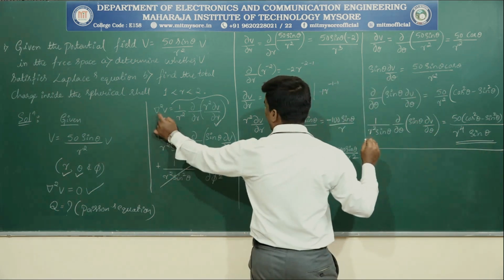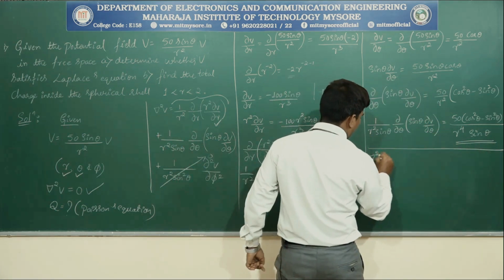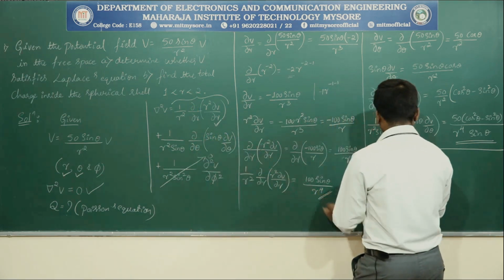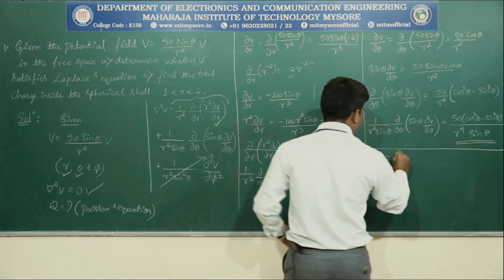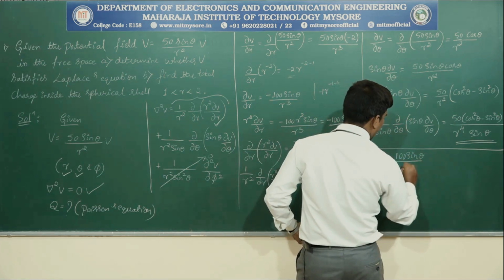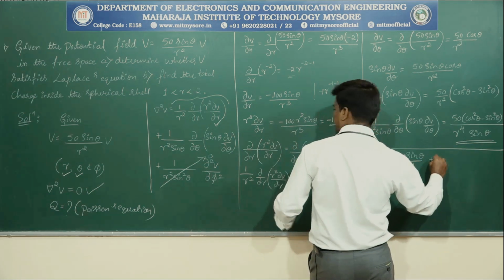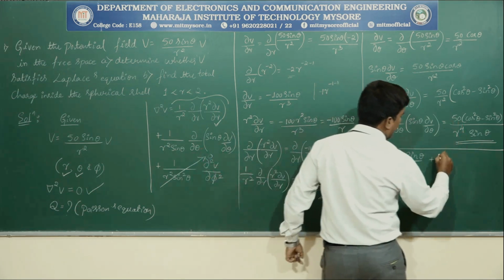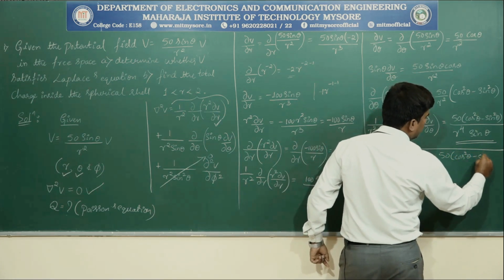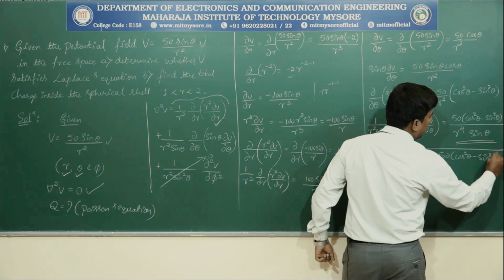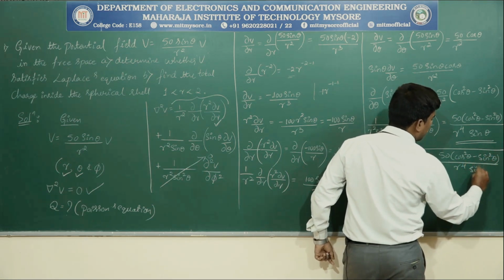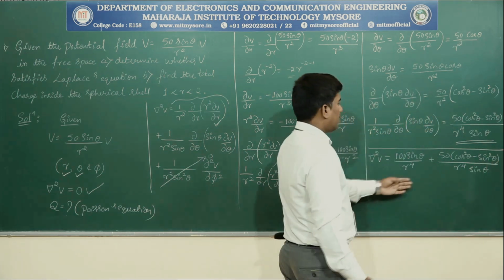Now what is the next step? We need to evaluate gradient square V. Gradient square V is the sum of these two quantities. Now we have got these two quantities. The first quantity is 100 sin theta divided by r power 4 plus the second quantity is 50 times cos square theta minus sin square theta whole divided by r power 4 sin theta.